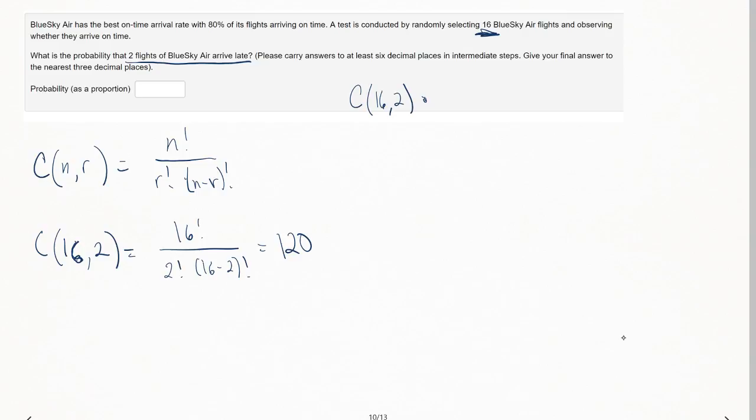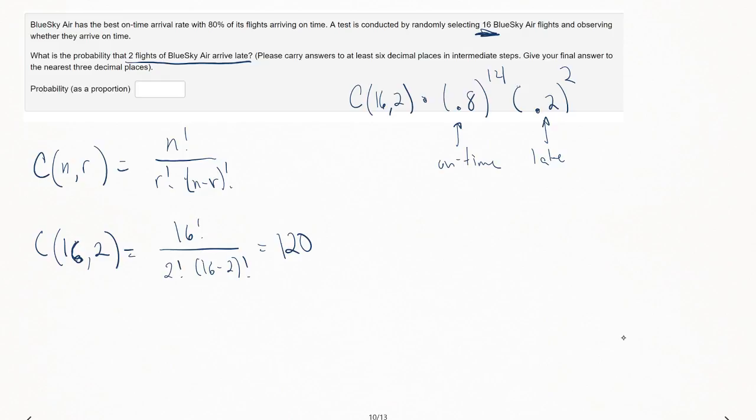So the way we do that, we'll go 0.8 raised to the 14th power, because that would be the multiplication principle that many times. And then 0.2 of those, because that's the not on time. So this is the on-time arrival, and this is the late arrival, and we want 2 of those. So this will be the probability.